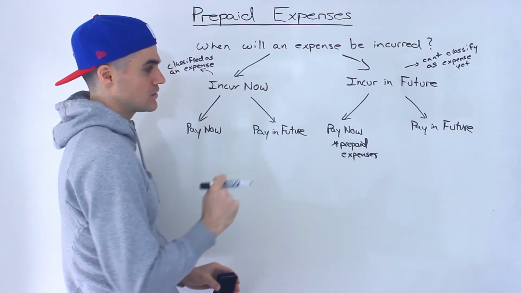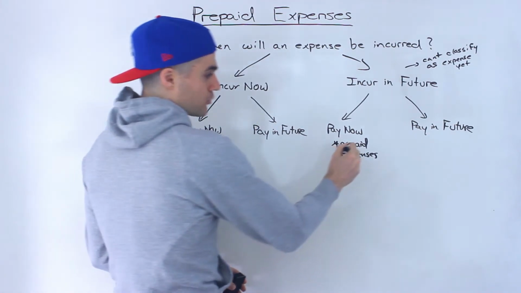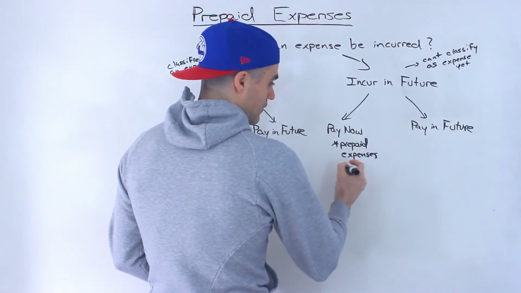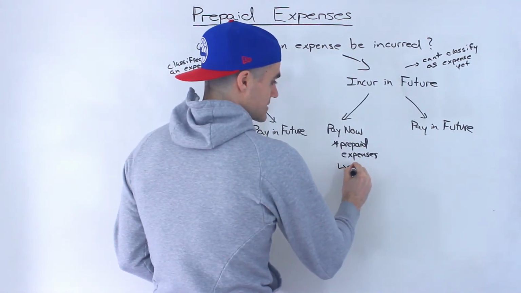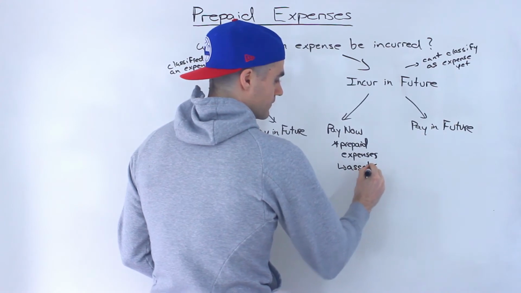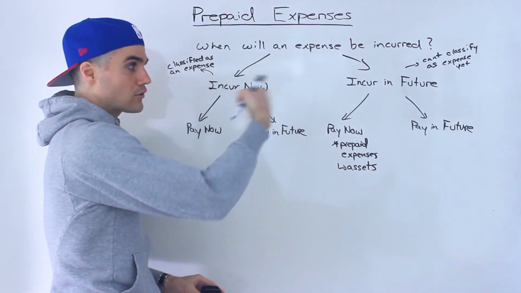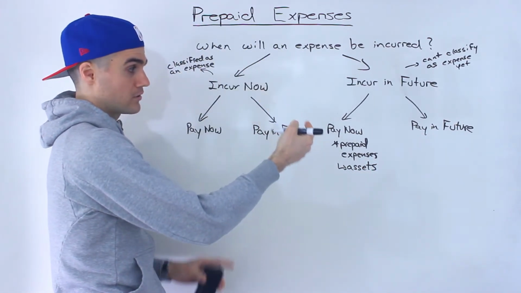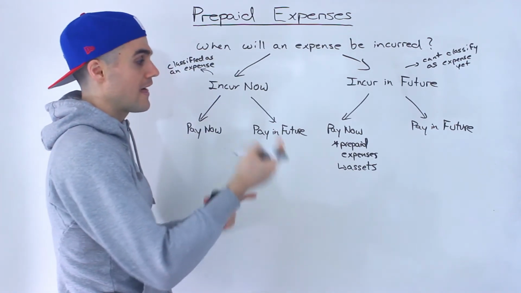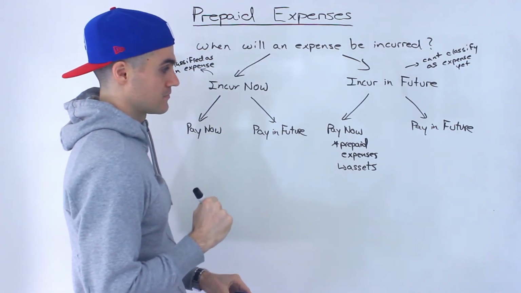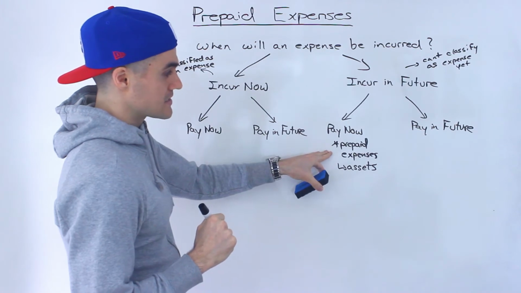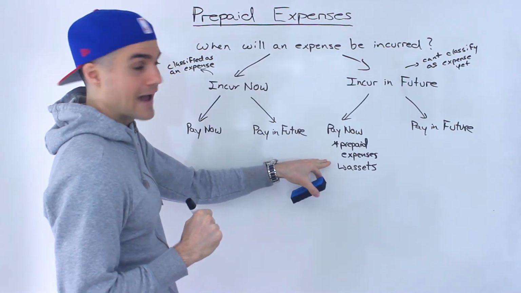All right? I know that sounds a little bit confusing, but prepaid expenses, they're actually assets. And then later on in the future period, when they're actually incurred, then they become expenses, right? So prepaid expenses, they're not expenses, they're actually assets.